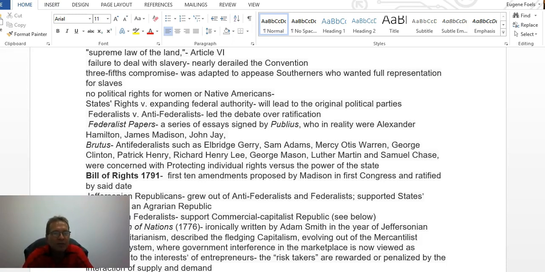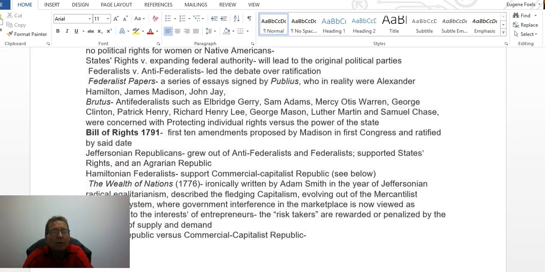And in one of the last Federalist Papers, James Madison was successful in convincing many of these anti-federalists, such as Mercy Otis Warren and George Clinton, Richard Henry Lee, that a Bill of Rights will be passed that will be protections of civil liberties against actions of this powerful national government.